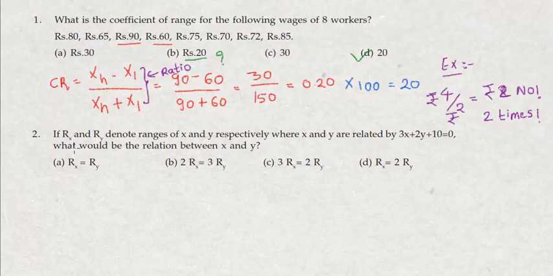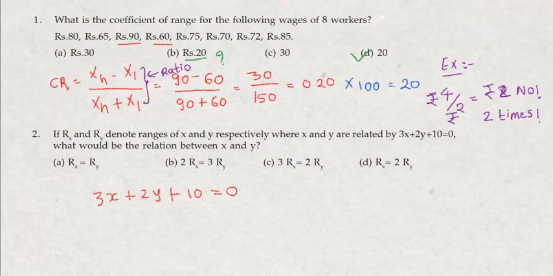If the range of x and range of y denote ranges of x and y respectively, where x and y are related by 3x plus 2y plus 10 is equal to 0, what would be the relation between x and y? Our equation is 3x plus 2y plus 10 is equal to 0.